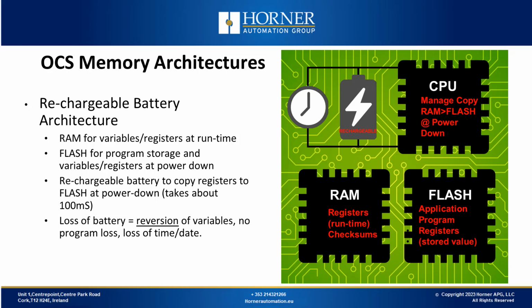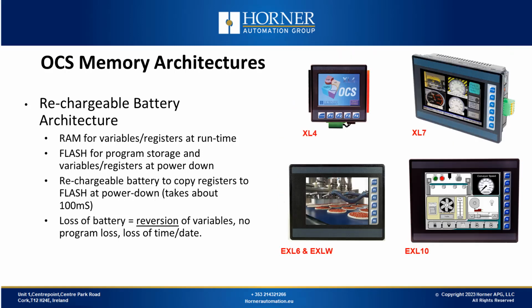This ensures that RAM stores variables while flash retains their latest values when the system is powered down. Upon powering up, the reverse operation occurs, with the last values of variables copied from flash to RAM, allowing the system to resume. Now we have our rechargeable battery architecture for Horner OCS, commonly found in our mainstream products.